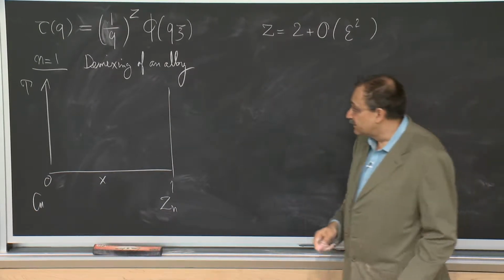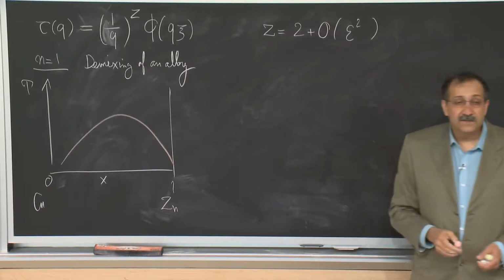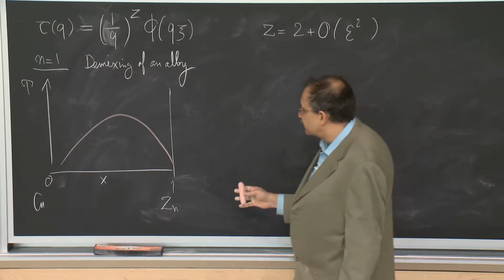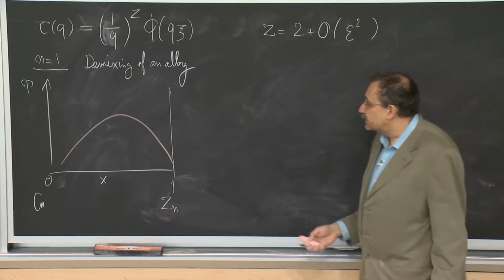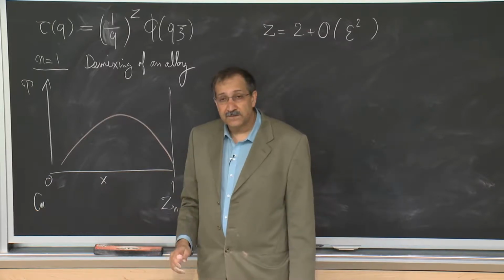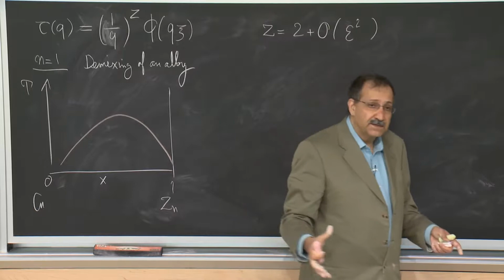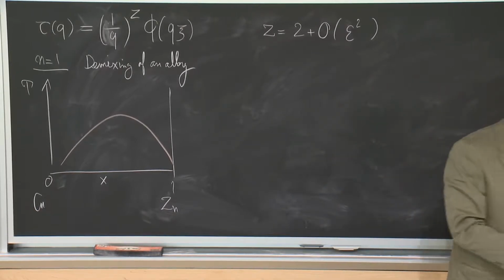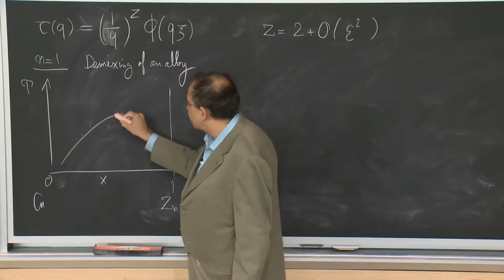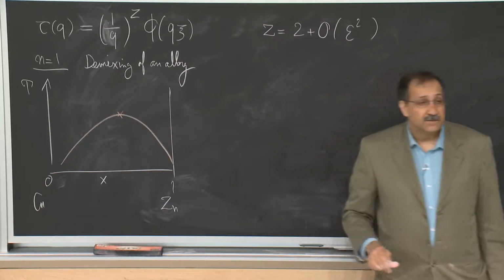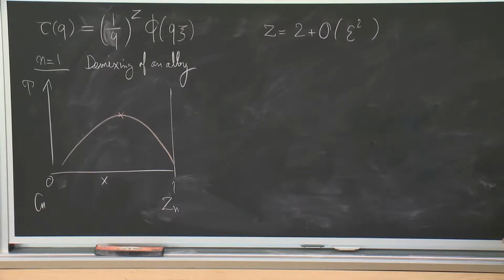What you find is that there is some kind of a phase diagram such that you get a nice mixture of copper and zinc only if you are at high temperatures. Whereas if you are at low temperature, you basically will separate into chunks that are rich in copper and chunks that are rich in zinc, and you have a critical demixing point which has exactly the same properties as the Ising model.